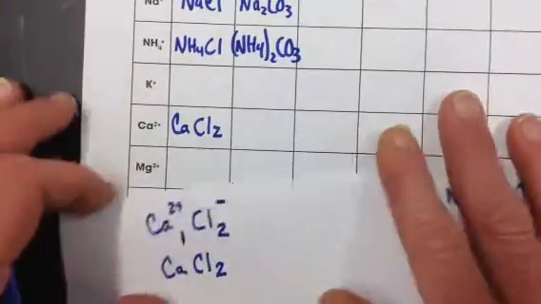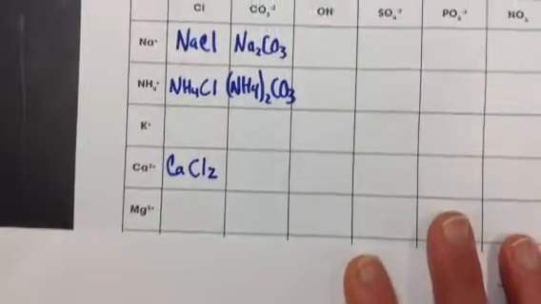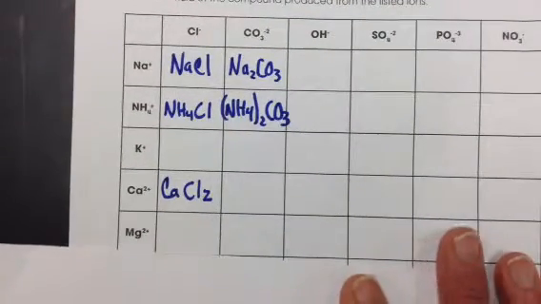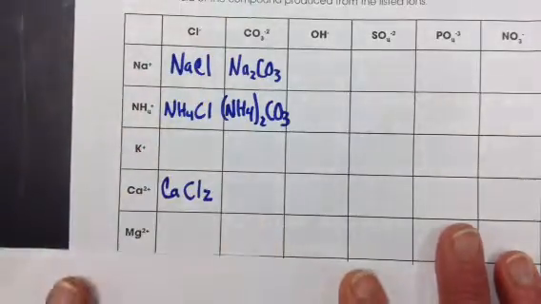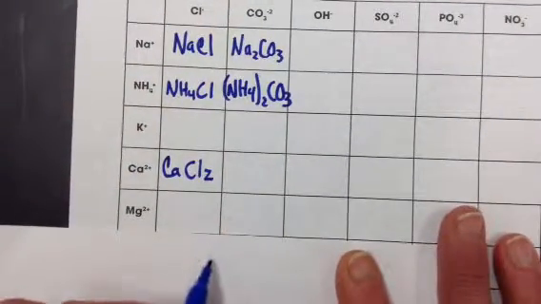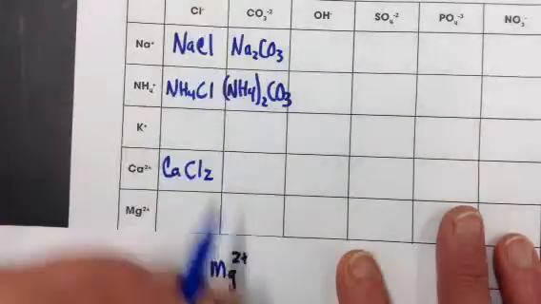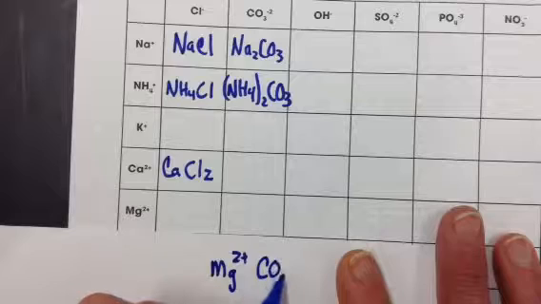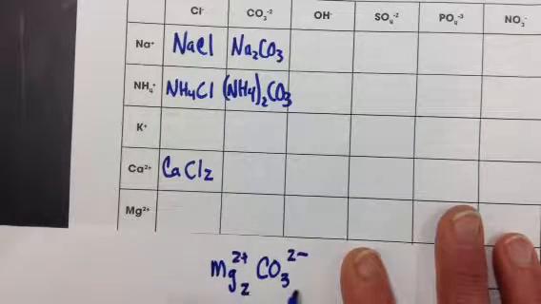Now remember, we're looking for the lowest ratio, so let's look for one that we need to reduce. How about magnesium carbonate. So we're going to do the magnesium and the carbonate. Magnesium, Mg 2 plus, carbonate, CO3 2 minus. I'm going to swap.